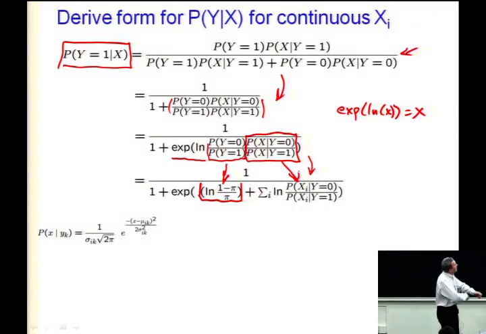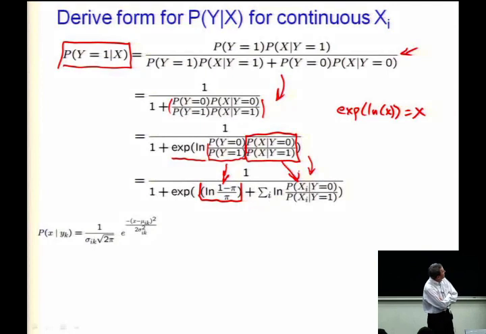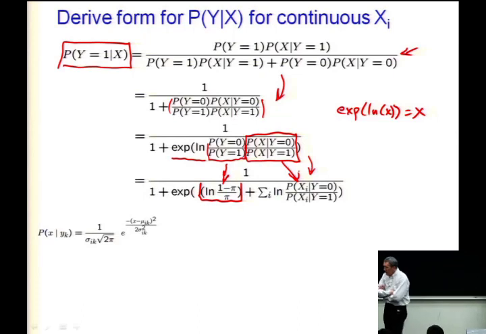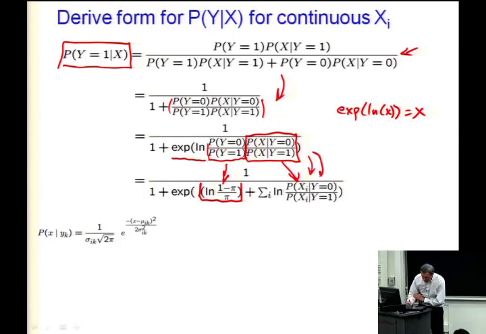Okay. So now what have I done? I've actually not yet made any assumptions about x or y being continuous or discrete. This is just Bayes' rule, plus I made the conditional independence assumption when I went from the vector x to the xi's.